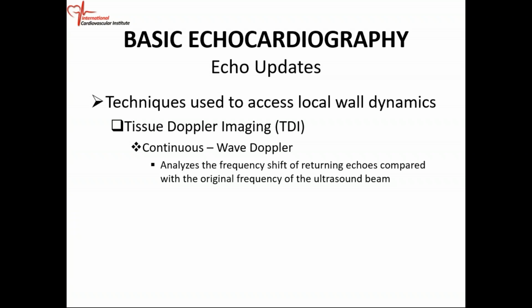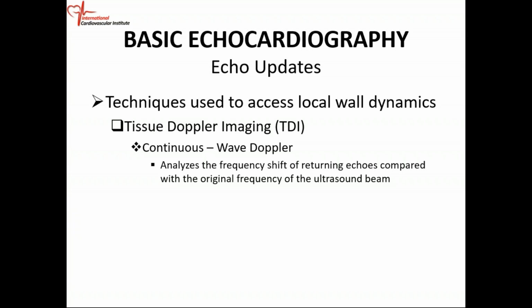Tissue Doppler imaging. When we started strain evaluation, the method that we used was tissue Doppler imaging. But as you recall, tissue Doppler imaging is limited by the angle that the ultrasound beam makes with the moving structure.